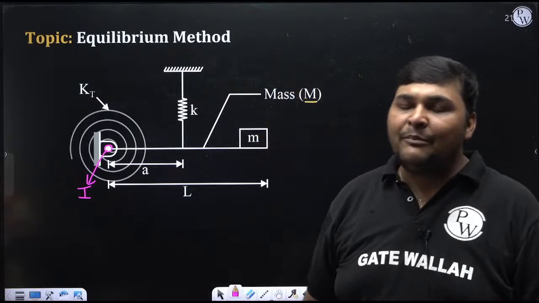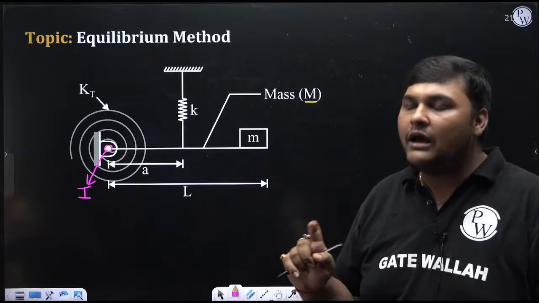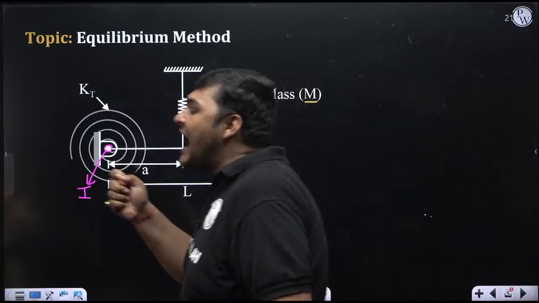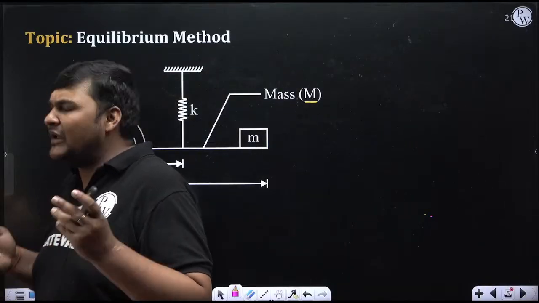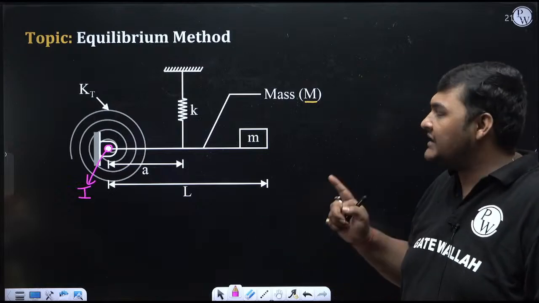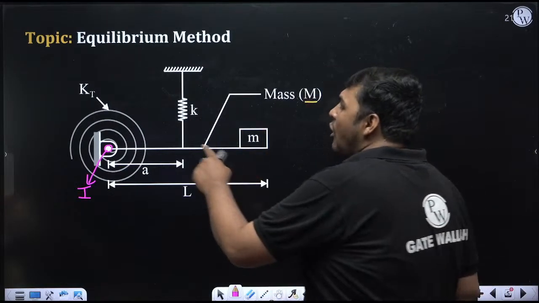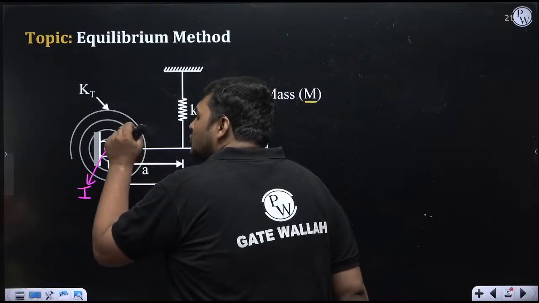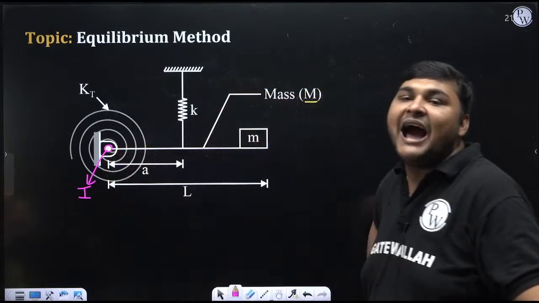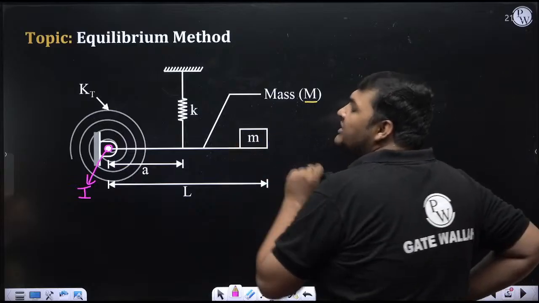The point about which any rod or link is rotating is known as the I center. What is the I center? Very simple. The I center is the point about which you can assume that at an instant any body is rotating. Like here, this rod will always rotate about this point, so this point is the I center.